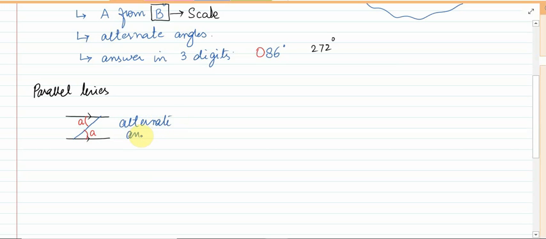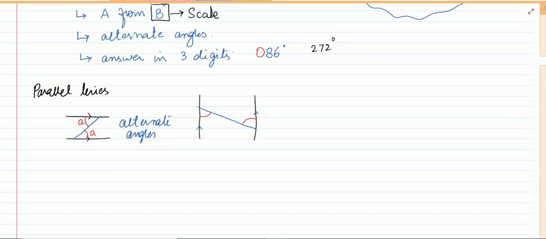Alternate angles. Whether the lines are horizontal or vertical, the concept remains the same. This angle and this angle are the same in the case of parallel lines. So keep in mind that alternate angles exist only where there are parallel lines.